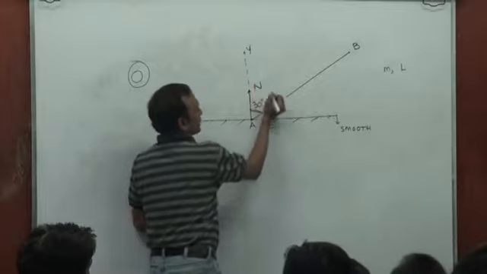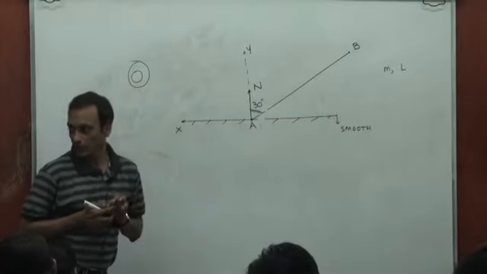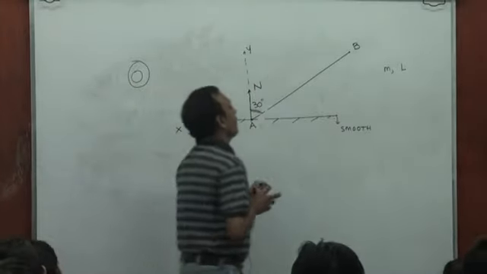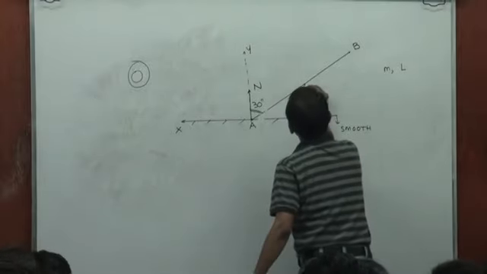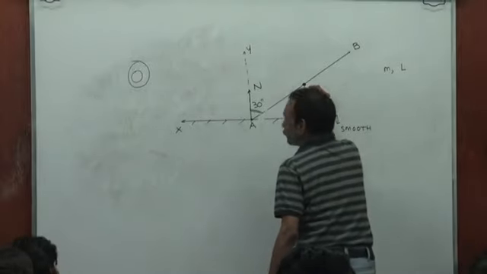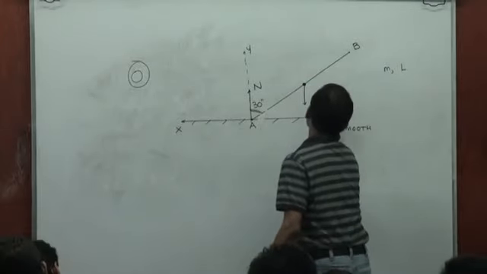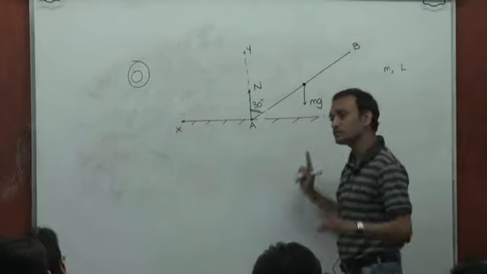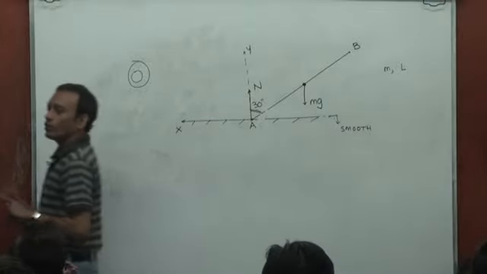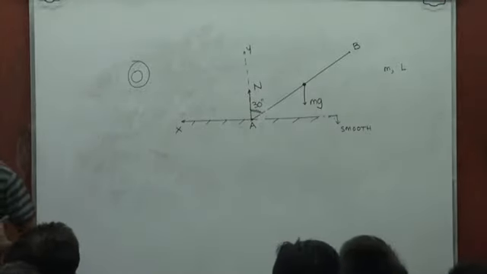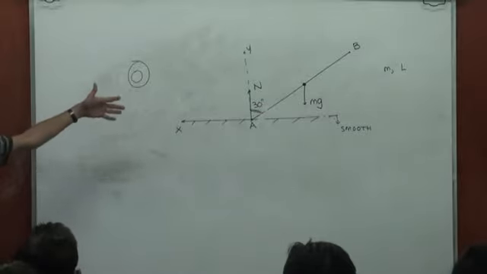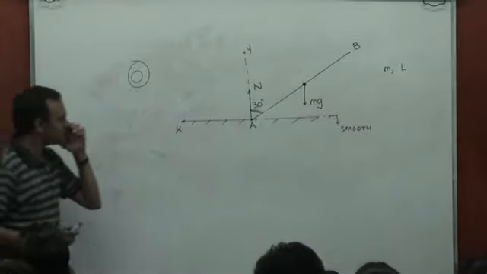Say N is the normal reaction that we are seeking, right? The only other force acting on the rod is mg downwards. There is no frictional force because this is a smooth surface, right? These are the only two forces. Whatever is happening on the rod is an outcome of N and mg, right?